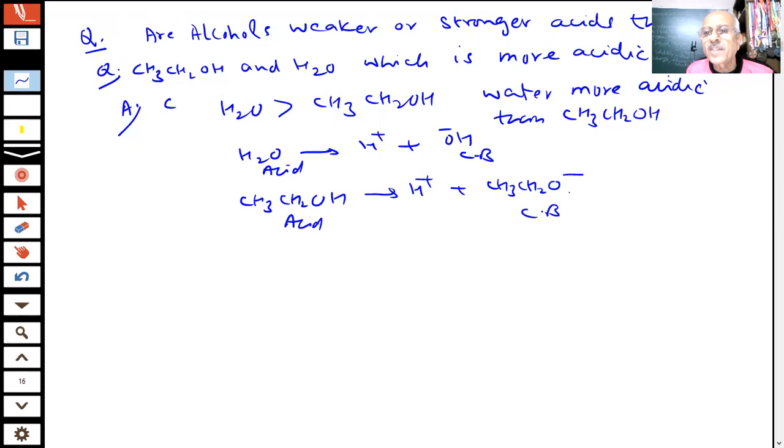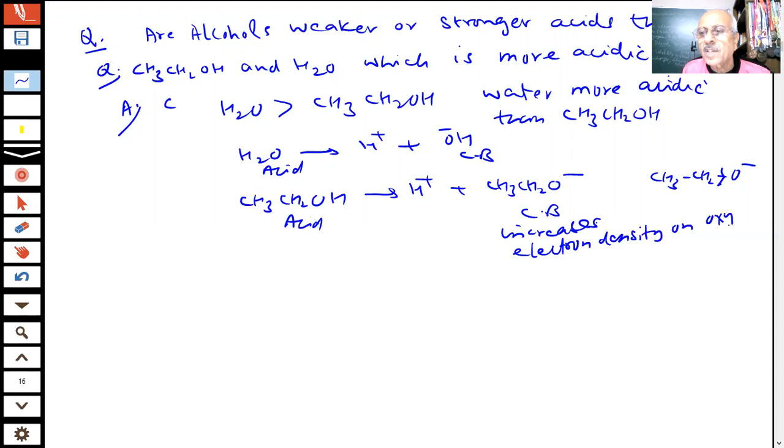But this C2H5 group is what type? Electron releasing. It increases the electron density on the oxygen. Therefore, this becomes a stronger conjugate base, and therefore it becomes a weaker acid than water.